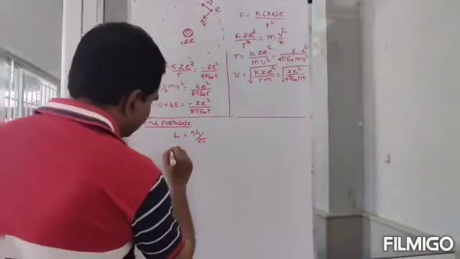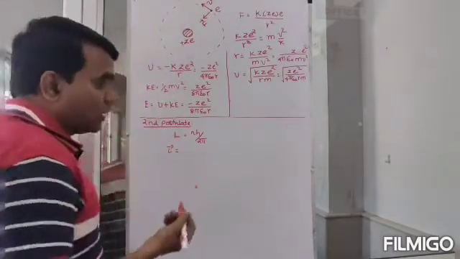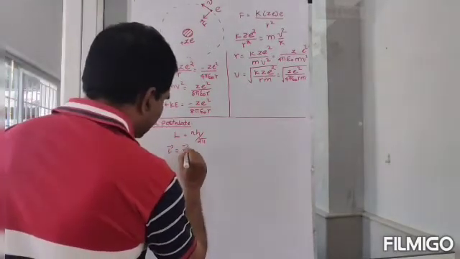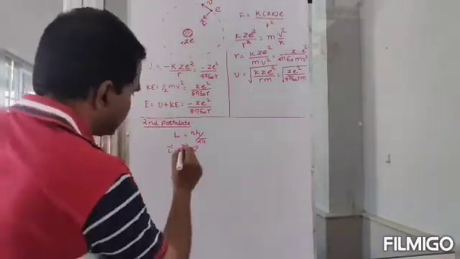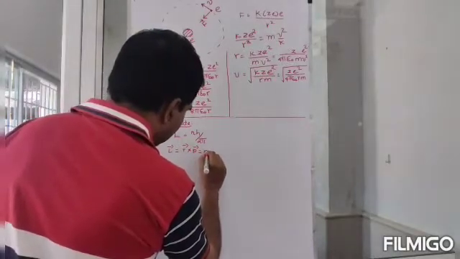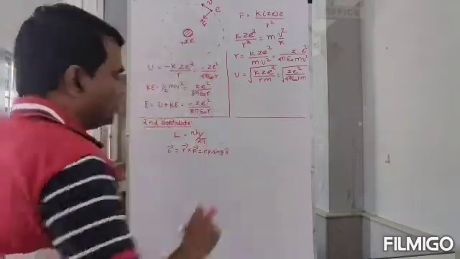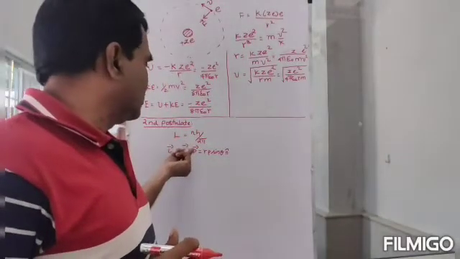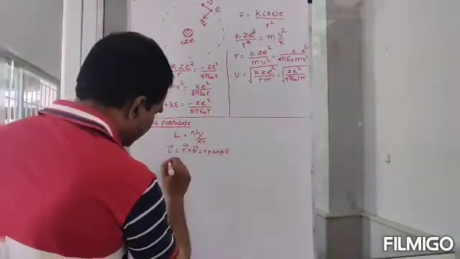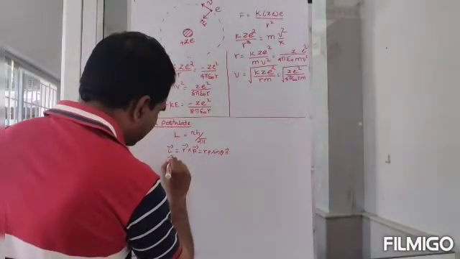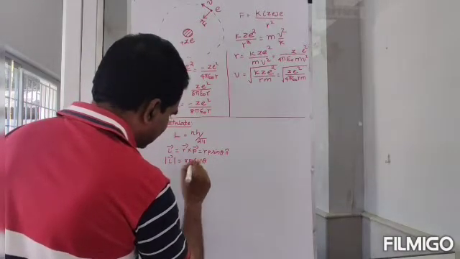Angular momentum is actually equal to r cross p, which is equal to r p sine theta, and then the unit vector in the perpendicular direction to both these vectors. So if you just take the magnitude alone, that is equal to r p sine theta.